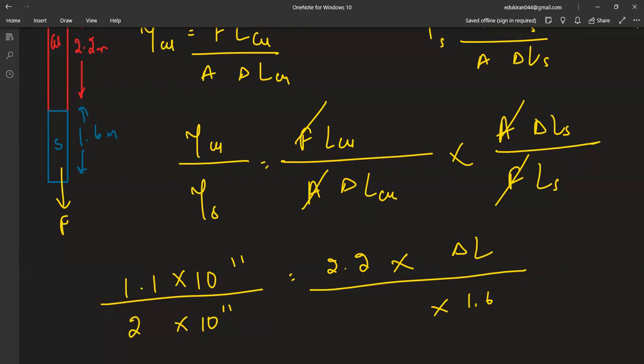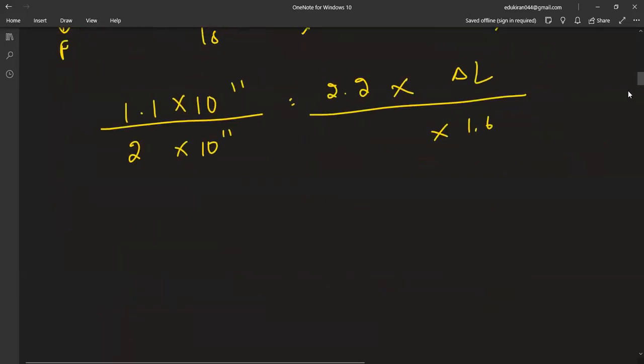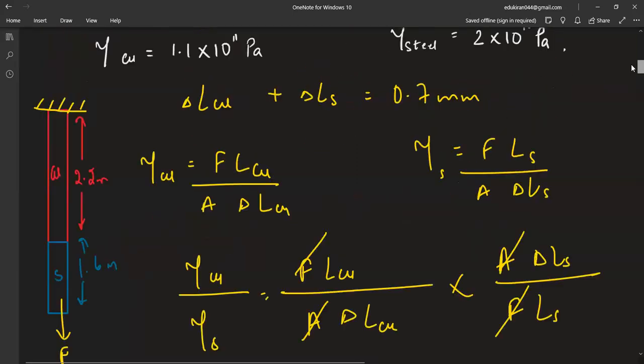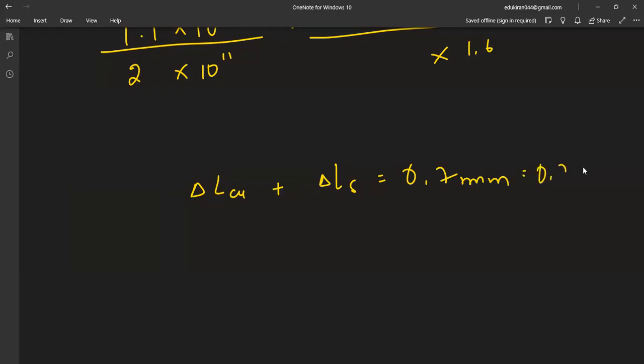So this will become one single linear equation with two variables, which cannot be solved further. So delta L_Cu plus delta L_S is equal to 0.7 millimeters, which is 0.7 into 10 to the power minus 3 meters.